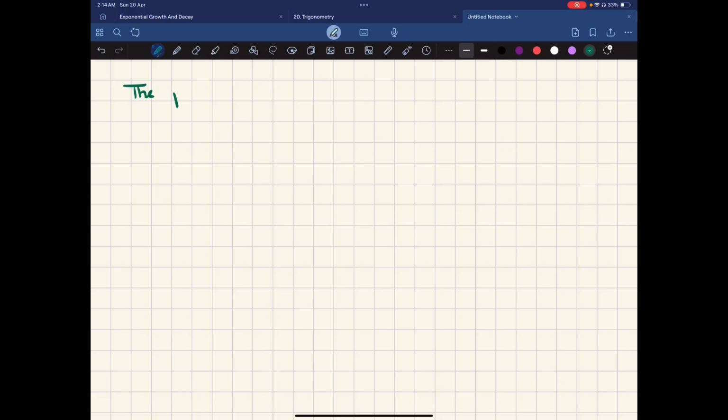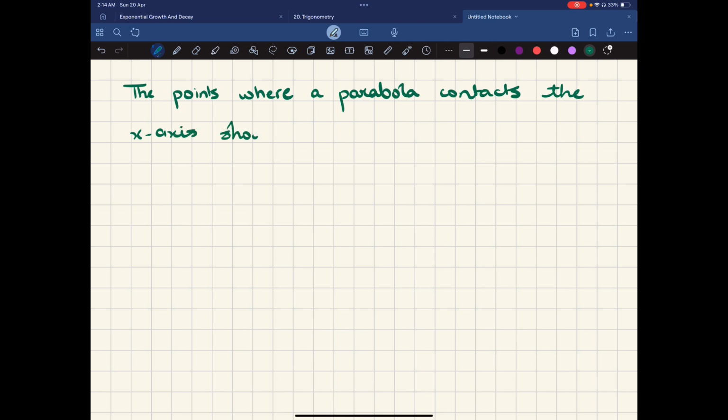So the points where a parabola contacts the x-axis show where the function or y is equal to 0.